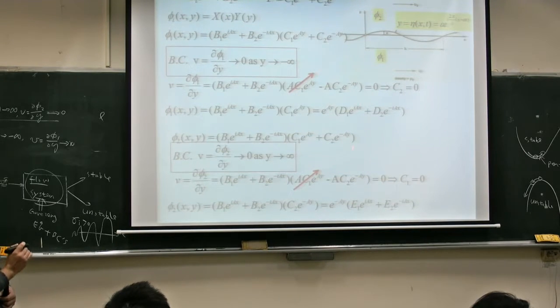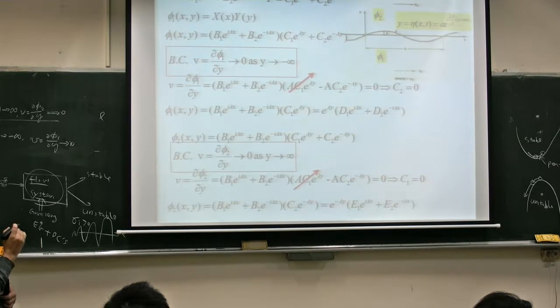When far away from this, it will recover back to our free stream. So the velocity generated by this perturbation, this v, should also disappear. So this is the boundary condition in the far field.